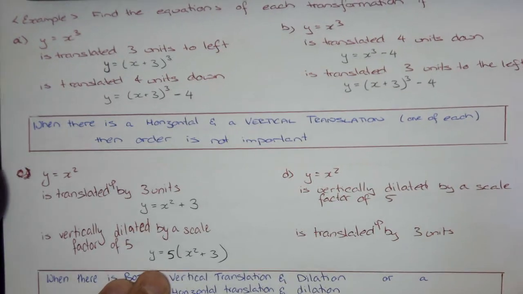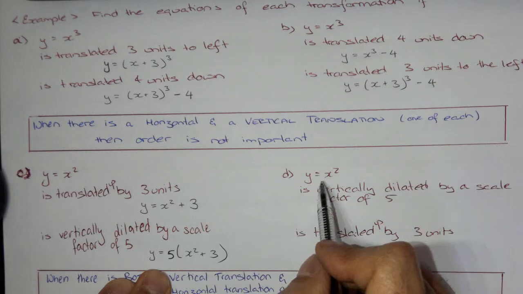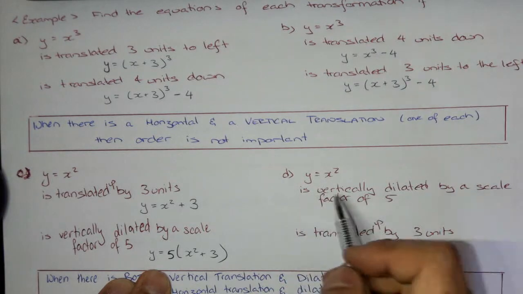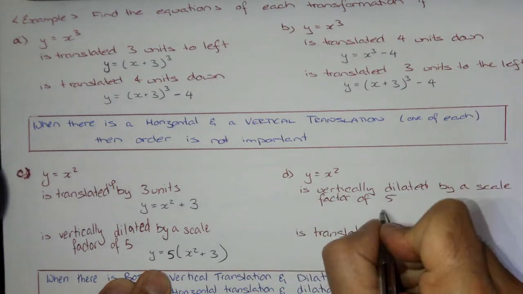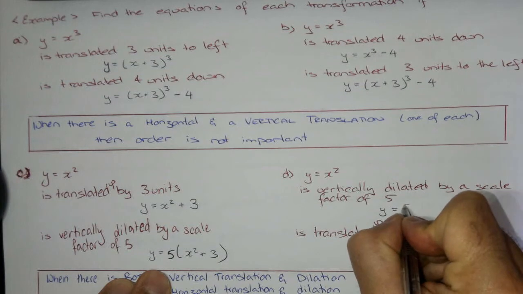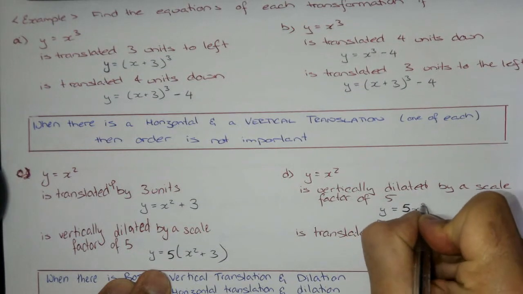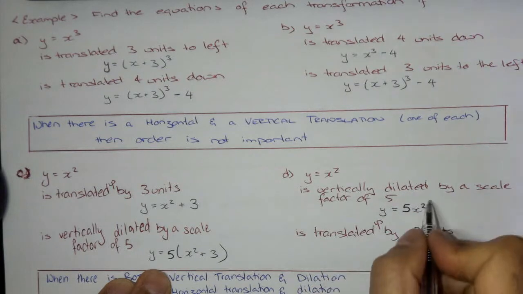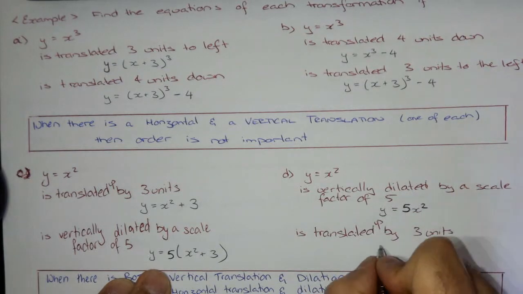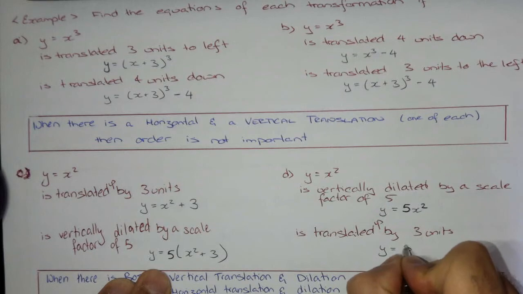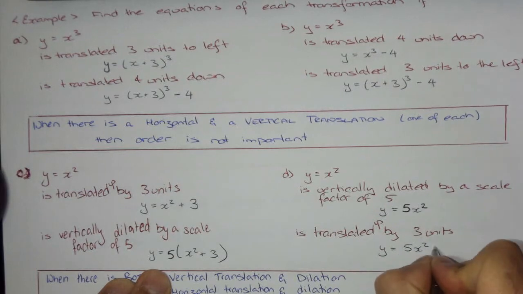What if I do it the other way around? What if I do the vertical dilation first? If I do the vertical dilation first, I get y = 5x squared. And if I translate that up by 3 units, I then get y = 5x squared plus 3.